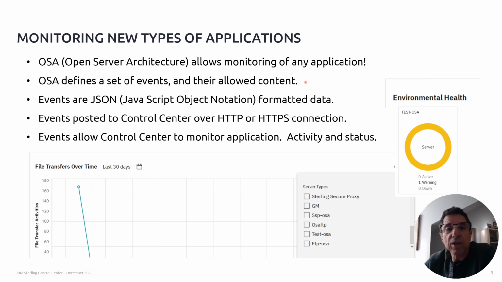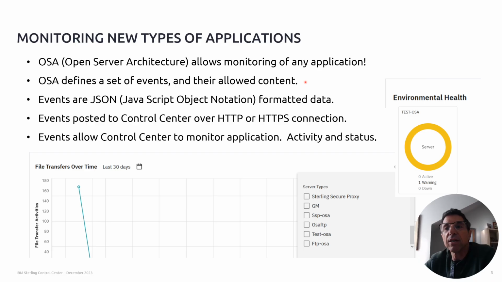It's a specification. It defines a set of events and what their content can be. These events are formatted as JavaScript object notation, JSON. It's text, I'll show you. And these events are just posted to Control Center over a secure or non-secure HTTP connection.